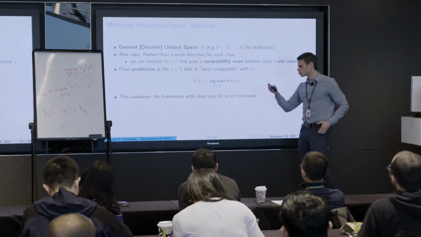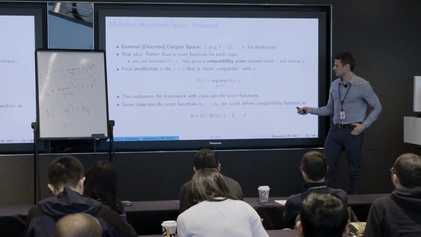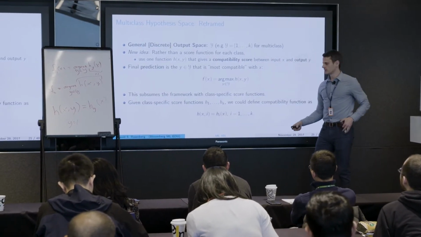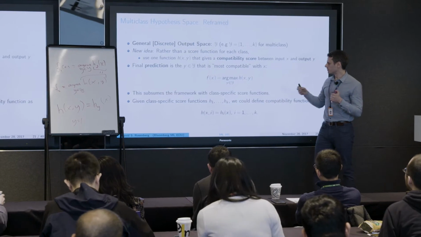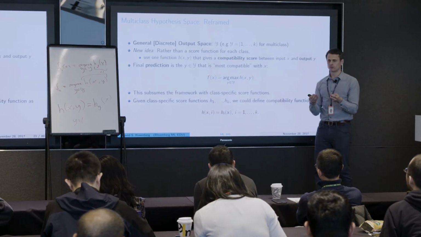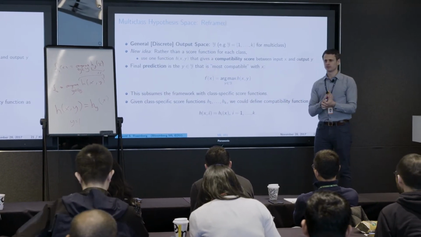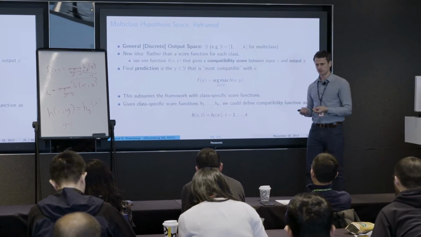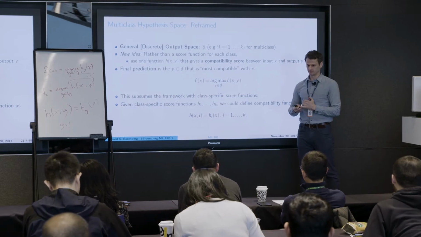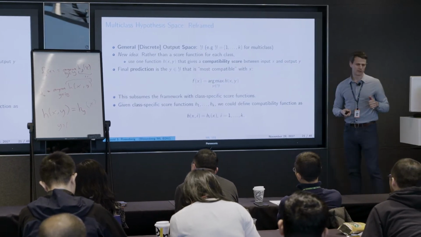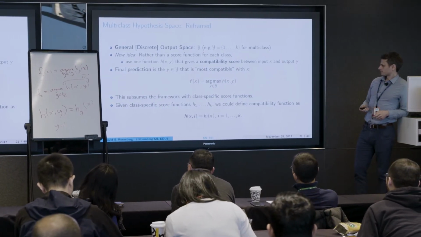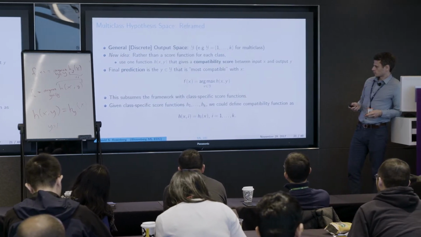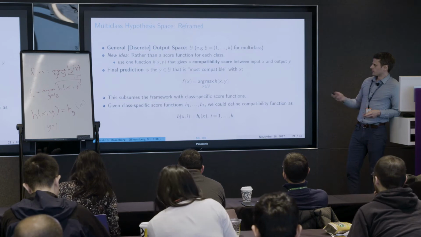So this subsumes the other framework by just taking h of x, i to be h_i of x. Whenever we plug in a particular label y, we just look up the score function for that class and evaluate using that function. But it also simplifies things.